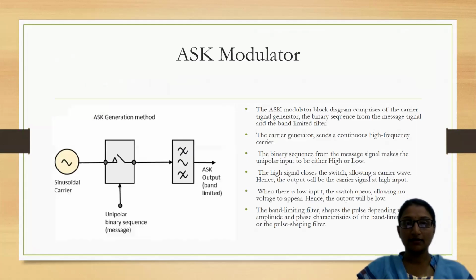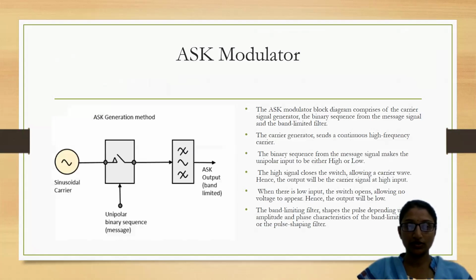Now let us see the amplitude shift keying modulator. The ASK generation method or modulator is shown in the figure. At first, we are taking a switch type of structure.